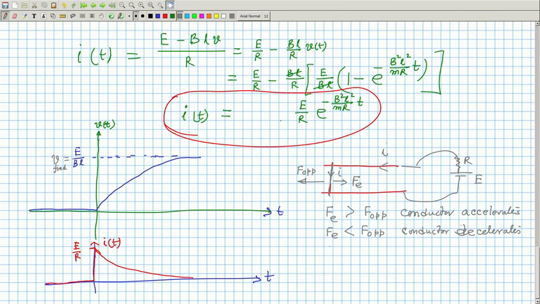And if these two forces are equal, the conductor will move with constant velocity.